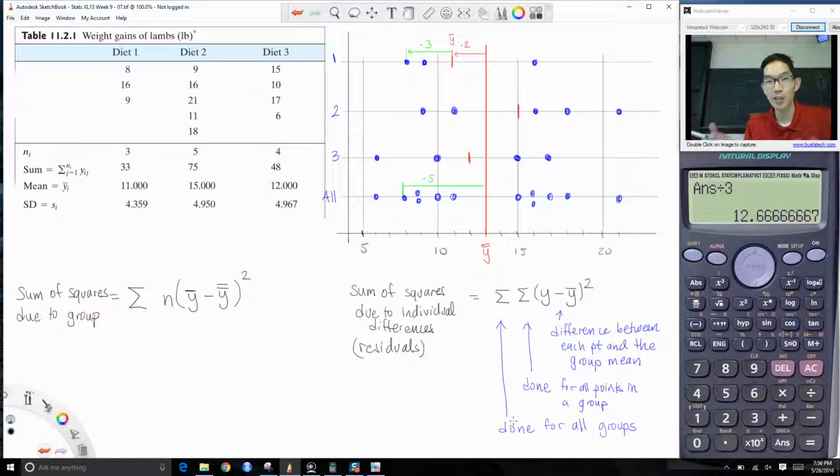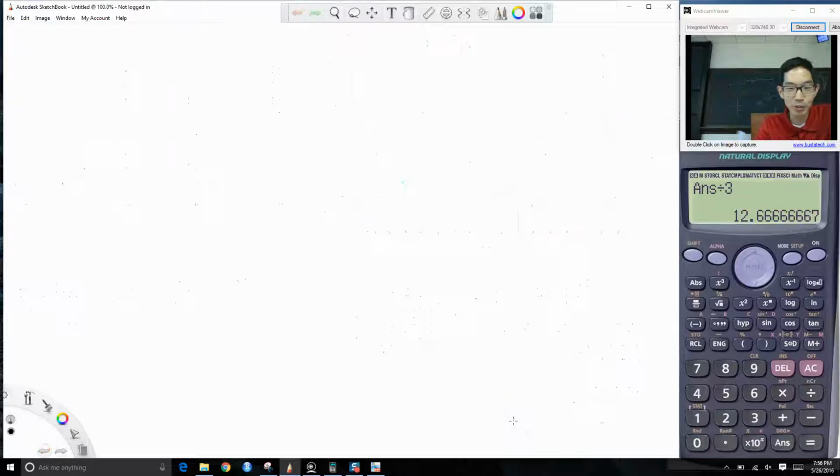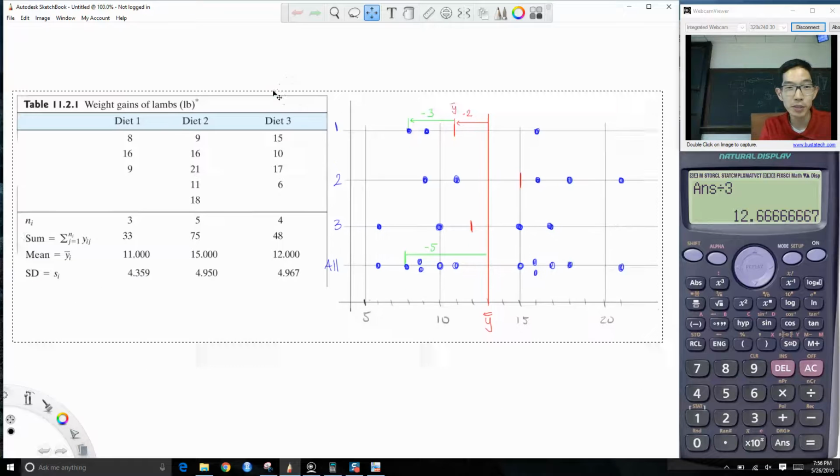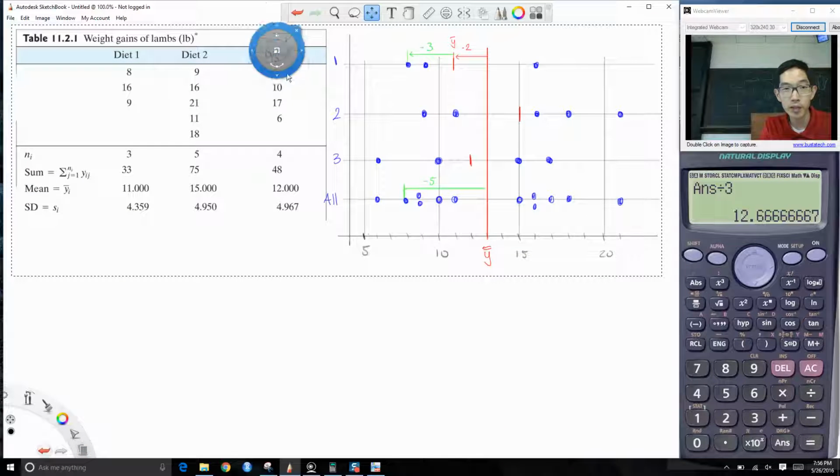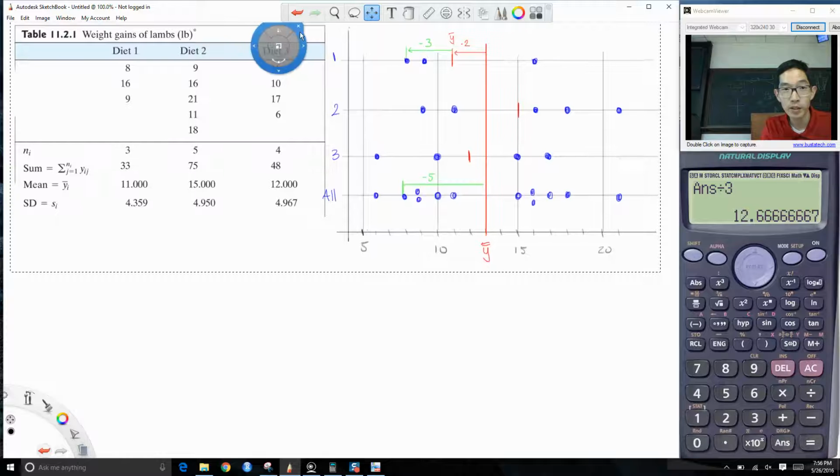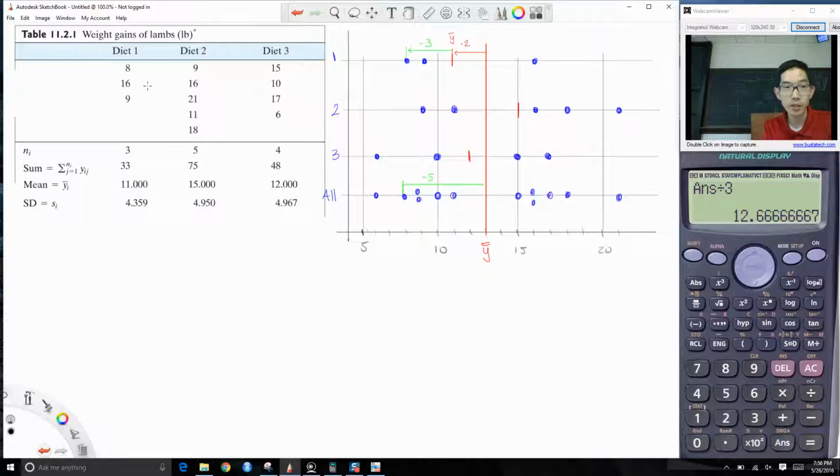So let's just kind of see if this works out. Well, I mean it does, but I will demonstrate it. Okay. So let's take a look at just group 1.